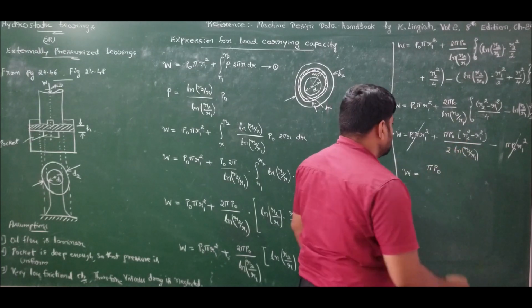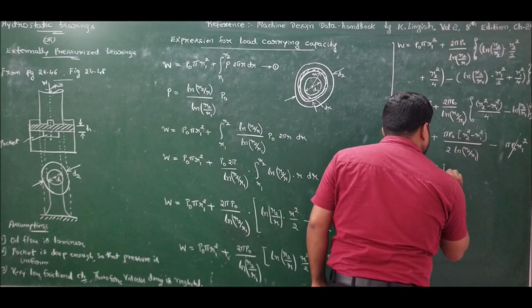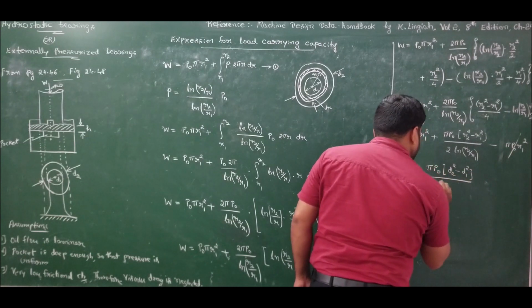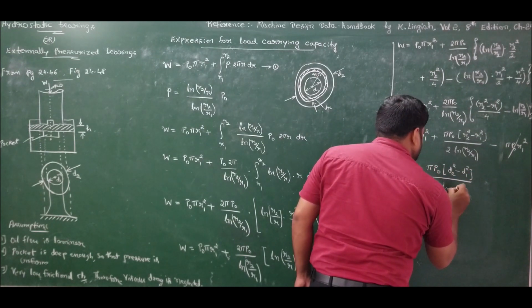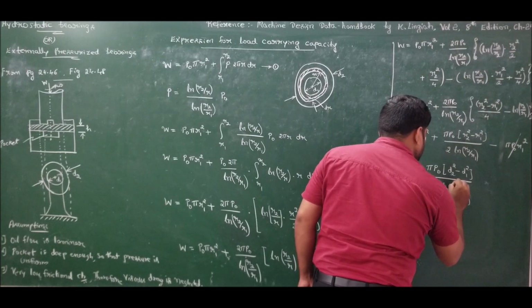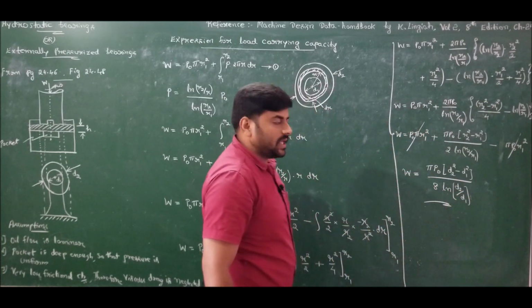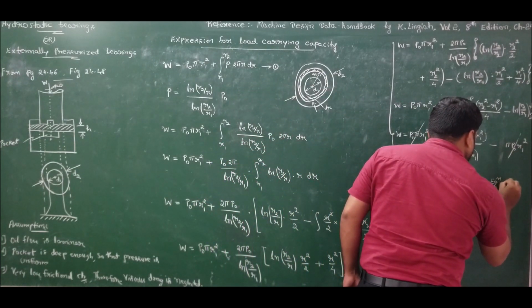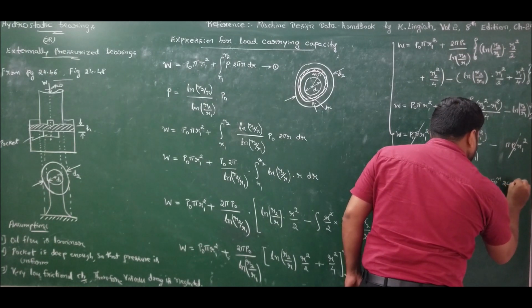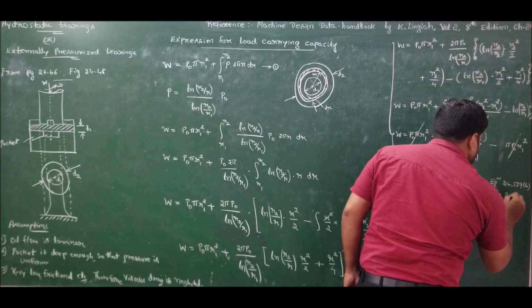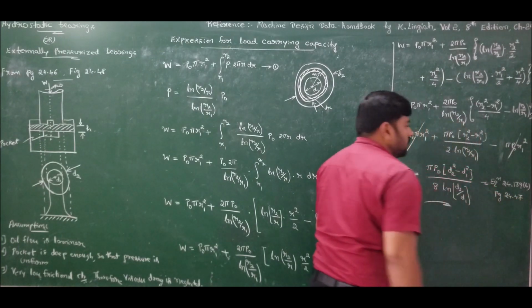So in terms of diameter, I am left with d2 square minus d1 square by 4, 4 to the 8, so 8 ln of d2 by d1. So this is the expression for load carrying capacity. This is nothing but equation number 24.139b, referring to page 24.47 of our data handbook.